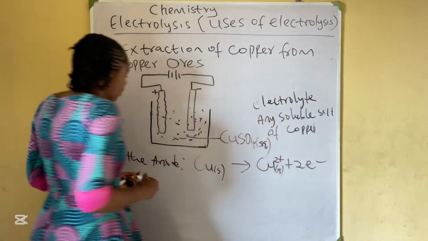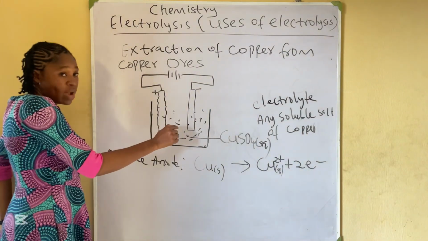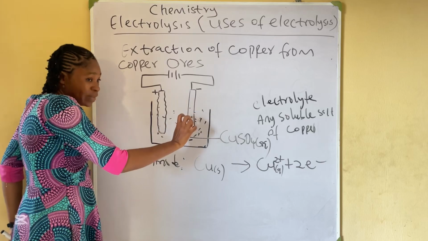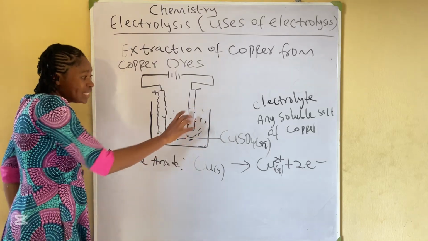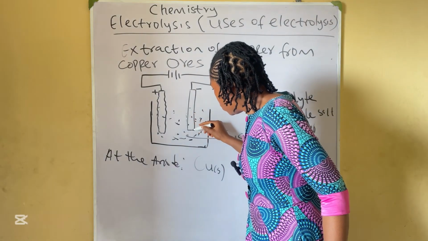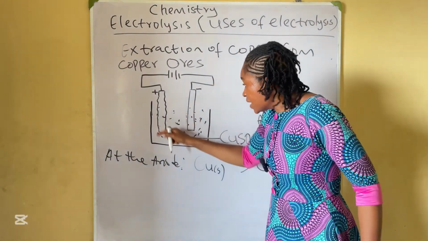So what happens at the cathode? The copper(II) ion in the solution will migrate to the cathode, where it accepts electrons from the cathode and becomes deposited as copper on the cathode. This will continue like that.